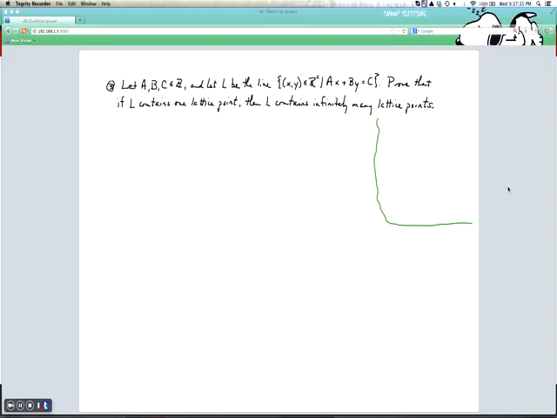If I'm solving this, putting it in slope-intercept form, this is by equals a negative ax plus c. And that means that y is a negative a over b x plus c over b. Now the c over b I'm not too concerned about, but the slope I am, right?